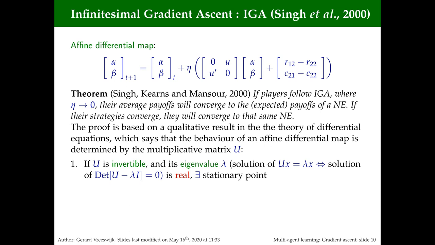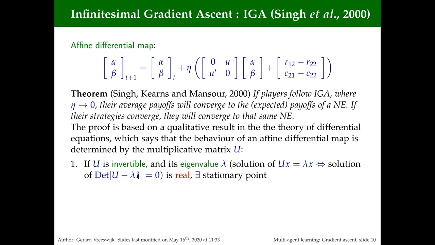And the proof is based on results in mathematics that say, well, there are a couple of cases. The main matrix capital U is invertible, so you can compute the inverse matrix, and its eigenvalue, which is by definition the solution of this equation, the determinant of capital U minus lambda times the identity matrix is 0, where lambda is a variable, the eigenvalue.